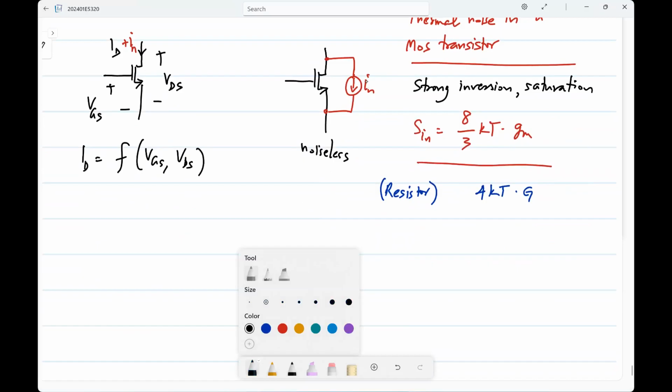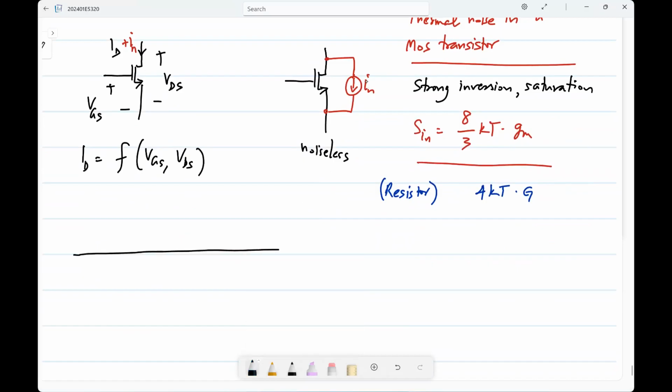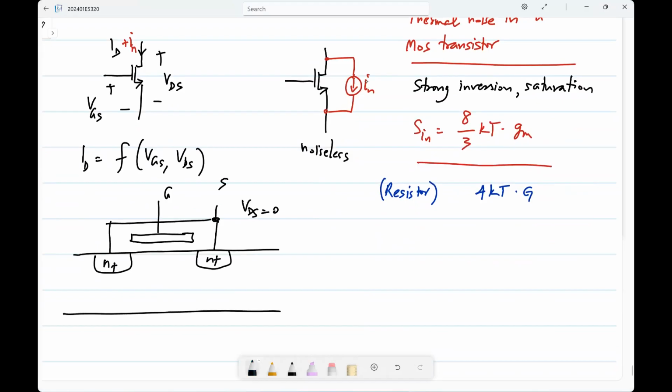Now, let me ask you this. Let's say I have a MOS transistor. This is the gate voltage, and I operate it with VDS equal to 0. That is, the drain and source terminals are shorted. What will the inversion layer look like inside a MOS transistor like this?